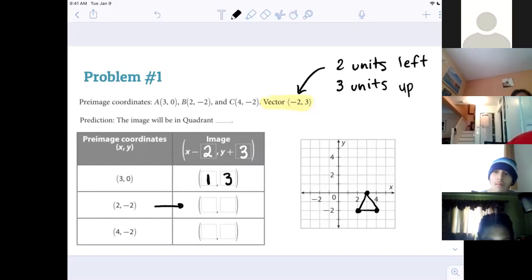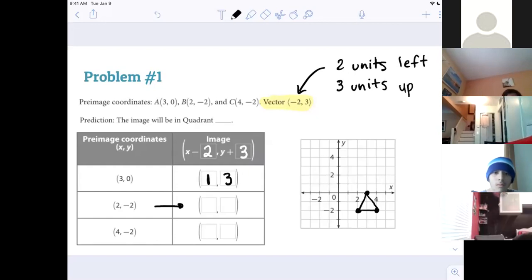I'm waiting on Eric. If you don't know, say you don't know. 0, comma 1. Very good. Emily, what am I going to get for the third point? 2, comma 1. Good job.